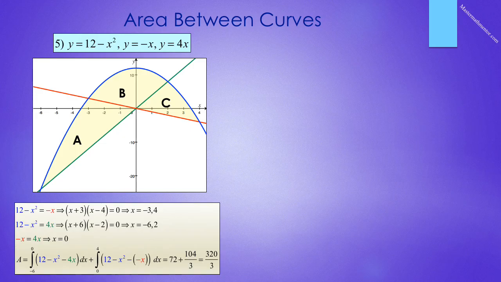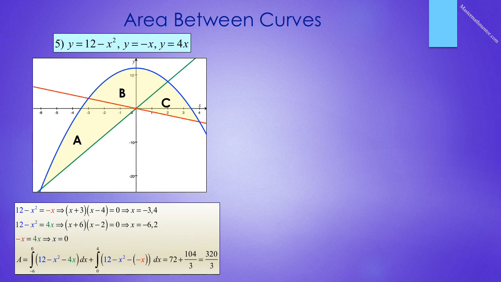We take advantage of the fact that 12 minus x squared is always the curve on top. However, we need to find the places where these curves intersect. We start by setting the blue curve 12 minus x squared equal to the red curve negative x.